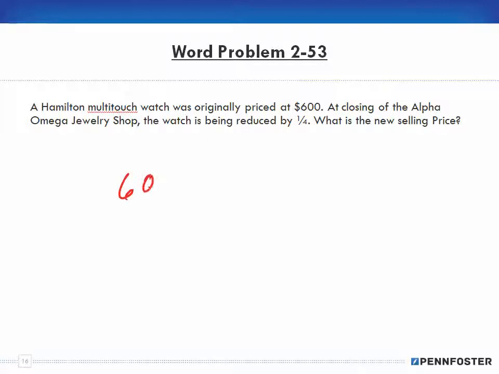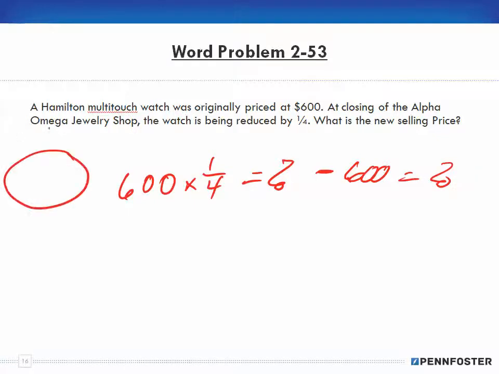So I have 600, and since it's being reduced by 1/4, I can figure out how much it's being reduced and then subtract it from the 600 to get my answer. Or, since I'm talking about quarters, I have 4 quarters, and since it's being reduced by 1/4, that means I have 3 quarters. The question is asking, what is the new selling price?